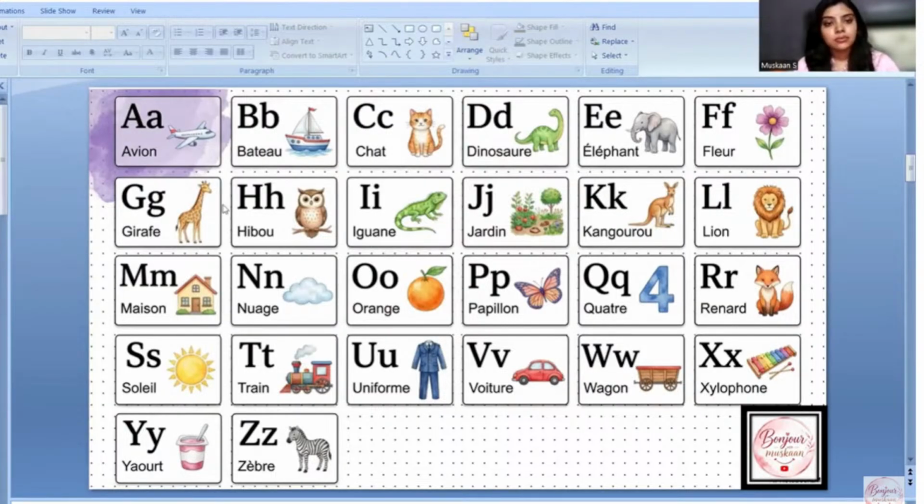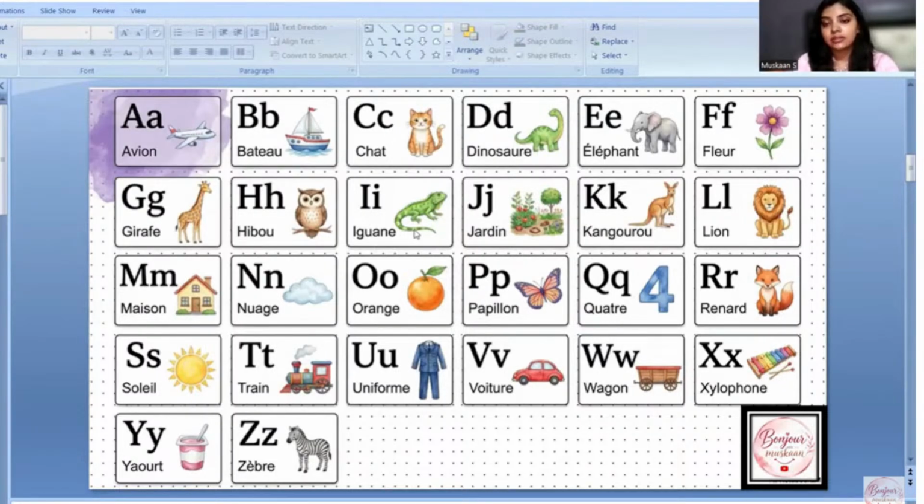Now let's do G. G is J. J for giraffe. Then H. H is hibou. Hibou is, you can see from the photo, right? Now I. I, igloo.